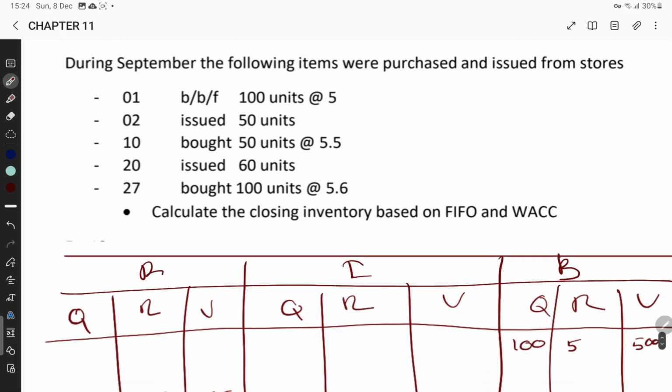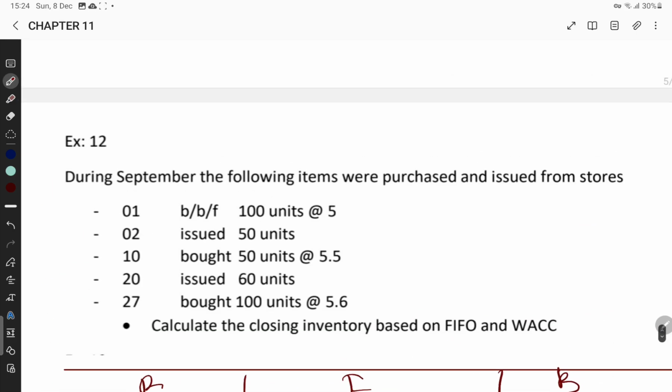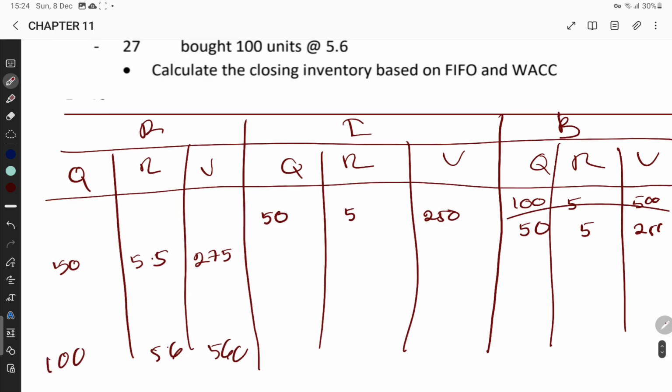Then we have issued 50 units. So when we issue 50 units at the rate of 5, 250 is gone. So out of 100, if 50 is gone, means we have 50 at the rate of 5 remaining. Now we have purchased 50 units at the rate of 5.5.